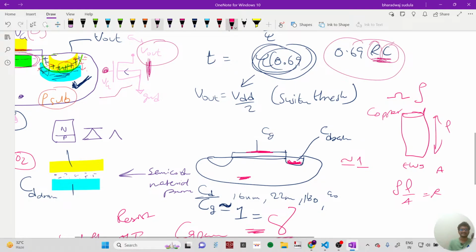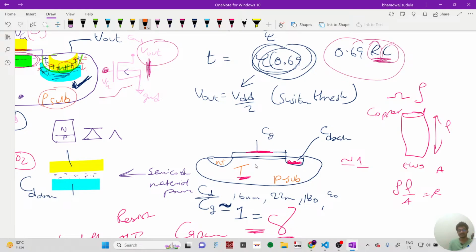Let's say it depends on the kind of p substrate we have used and the kind of n diffusion that has taken place. Resistance also depends on the temperature as well. That is an entirely different thing we need to consider.